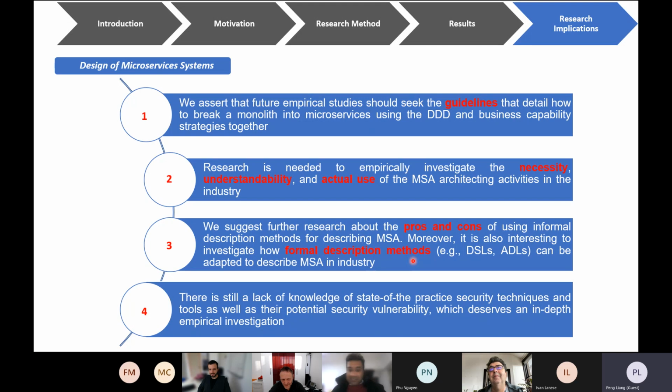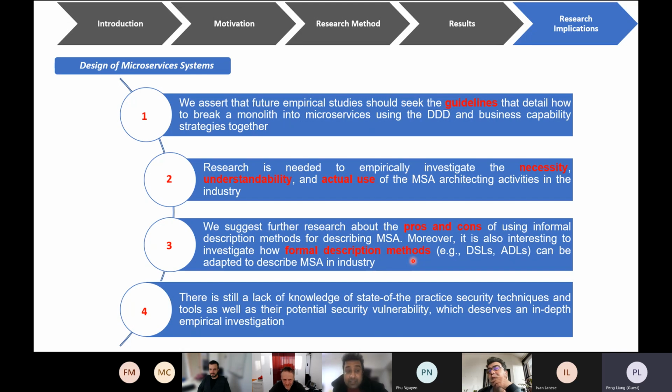These architecting activities are clearly described in my paper, but due to the time constraint I cannot present everything here. Most architecting has been investigated in the context of monolithic systems. These are the traditional architecting activities. Here, most of the participants answered neutral and did not clearly answer our question.